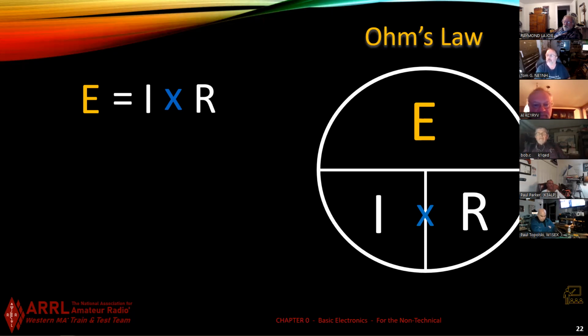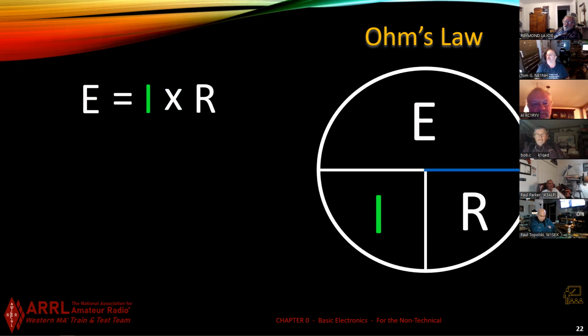Real simple. Okay. Now, what if you do know E, but you're missing I or R? So let's solve for I. I is what? Blame the French. Okay. So if you want to solve for I, look at the circle chart, the pie again, and look at that.